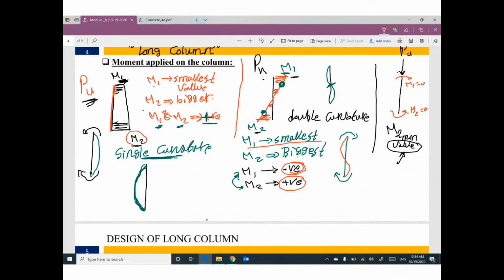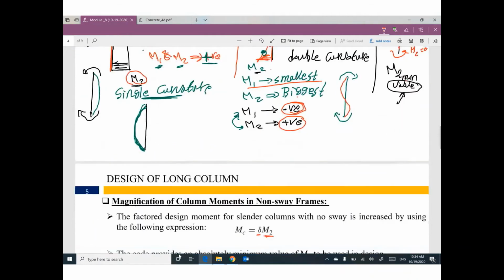Do you have a bending moment diagram on the column like this? Yes, M2 will be the biggest value. I don't have moment, we still have M2 minimum. So M2 based on this case or this case or this case, I will multiply this value of M2 by delta.